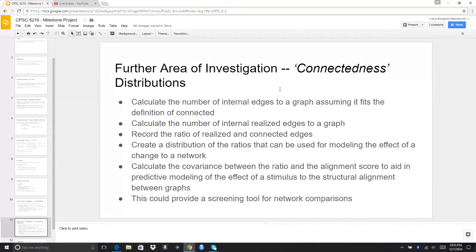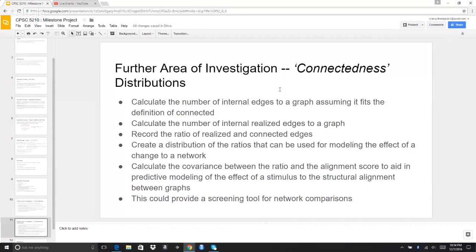So I think this one's very interesting and has some potential, but you very much have to watch out for sample power. And so I think you would need to really look at how many graphs are out there that you're going to compare to and what is the power or the sample size I would need to have a stable covariance measure, so that I could apply the stimulus, look at the graph's interconnectedness to itself pre and post, how those vertex connections changed, and then say, do I need to calculate an alignment score or not?